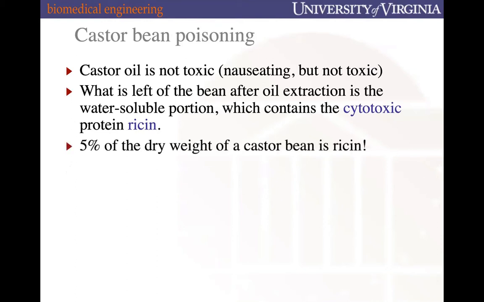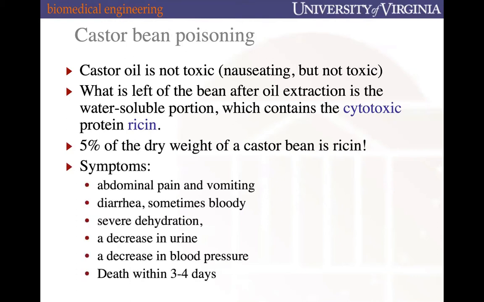And so it's not an insignificant portion of the castor bean, 5% by dry weight. And typically, in response to exposure to ricin, as you can imagine, it's cytotoxic. It leads to vast cell death, and is tied to GI issues, dehydration, and oftentimes can lead to death fairly quickly.